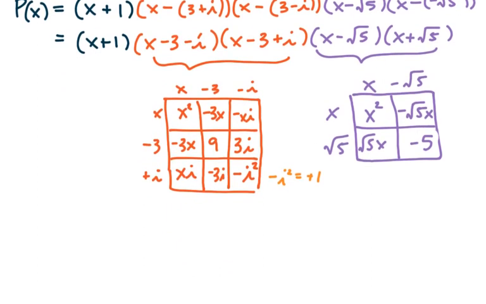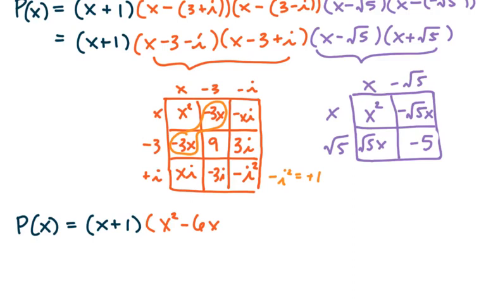Okay, so writing this out, I have p of x equals x plus 1. So what I've written in red, this is all going to multiply together. And negative 3x and negative 3x, that's going to give me a negative 6x. So I have x squared minus 6x.